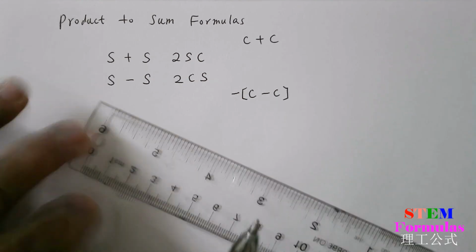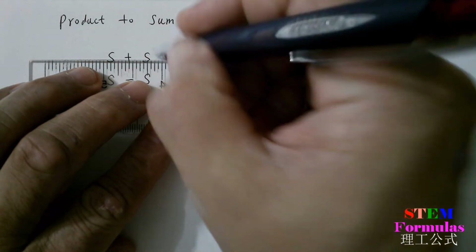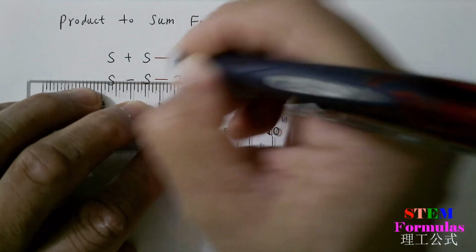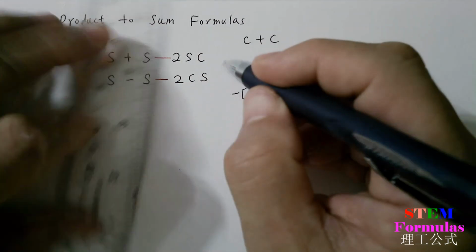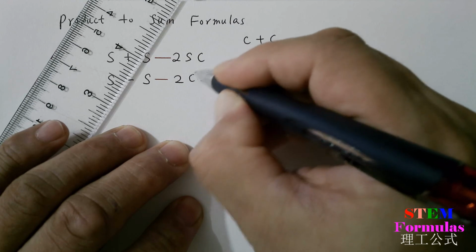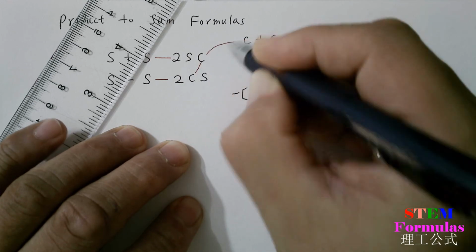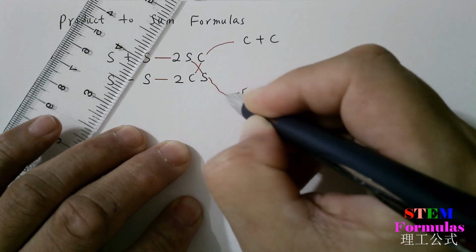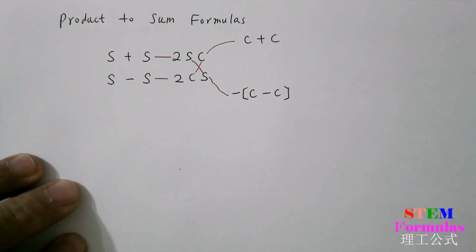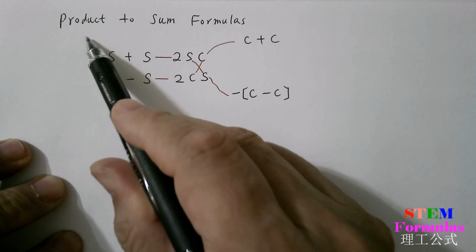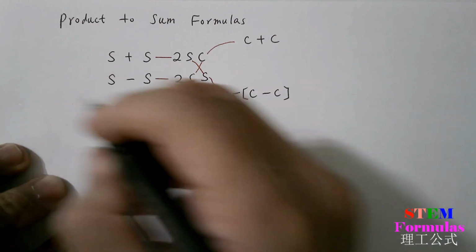So horizontal, diagonal, this. So to convert product to sum, we have the following.